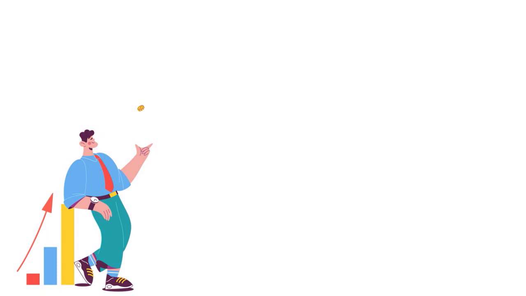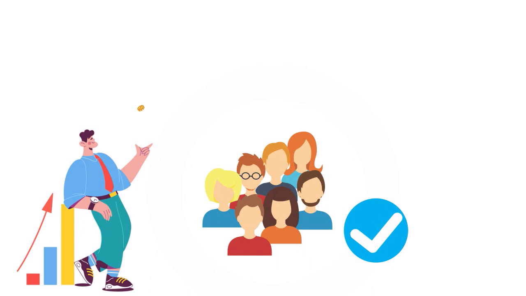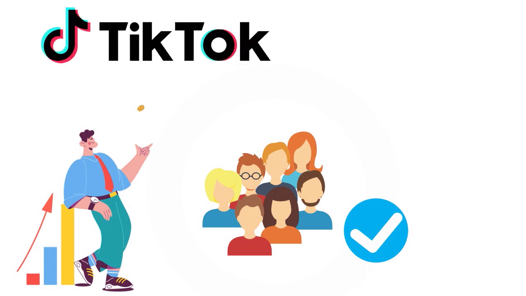So think about your social media strategy. Think about where your target audience is, where they love to go, and what kind of social media fits your particular brand. For example, if you have a younger crowd, then you need to have TikTok. If you have an older or more professional crowd, then you need to have LinkedIn.